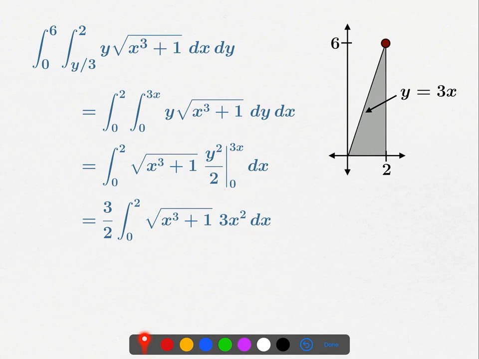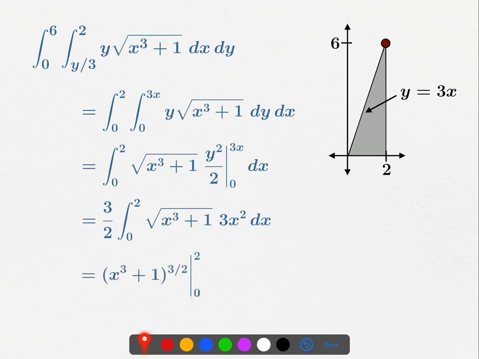That's u to the 3 halves over 3 halves, times this 3 halves. So the 3 halves cancel. And I just have u to the 3 halves. And since u is x cubed plus 1, that gives me x cubed plus 1 to the 3 halves.